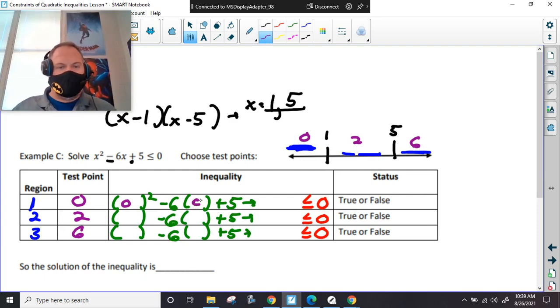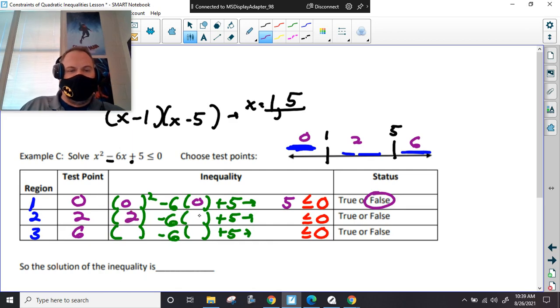So I plug in 0, I end up with 5. Is 5 less than 0? No. I'm plugging in 2: 2 squared minus 6 times 2 plus 5.